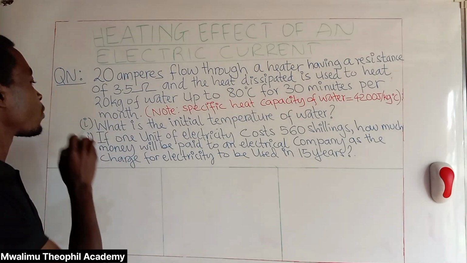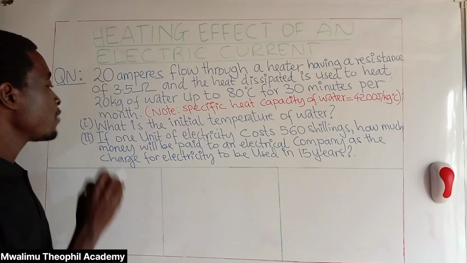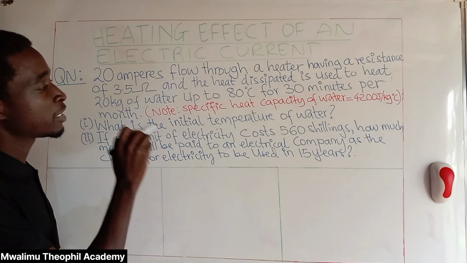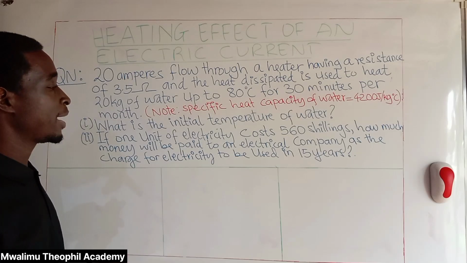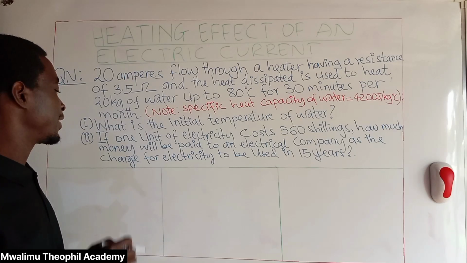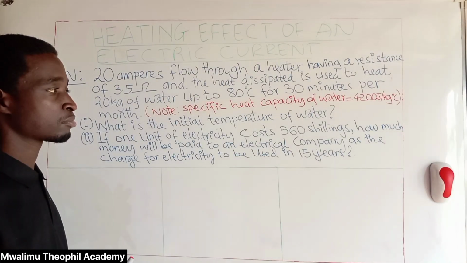The questions asked: 1. What is the initial temperature of water? 2. If 1 unit of electricity costs 560 shillings, how much money will be paid to an electrical company as the charge for electricity to be used in 15 years?